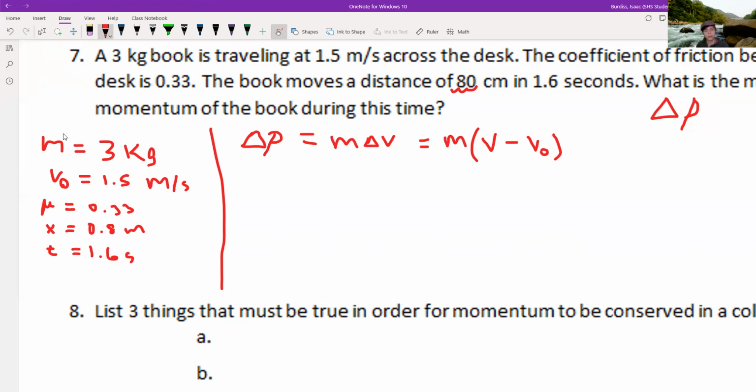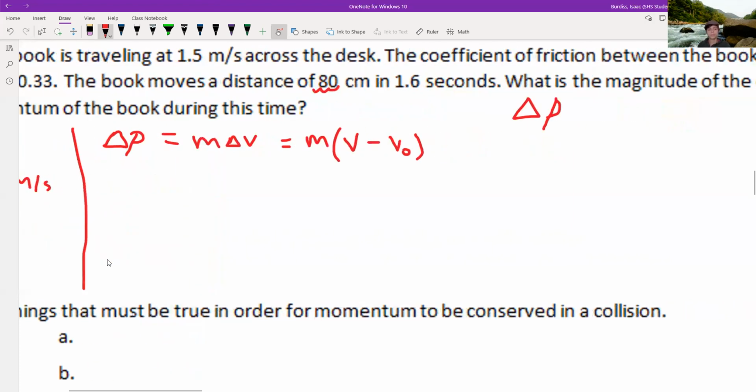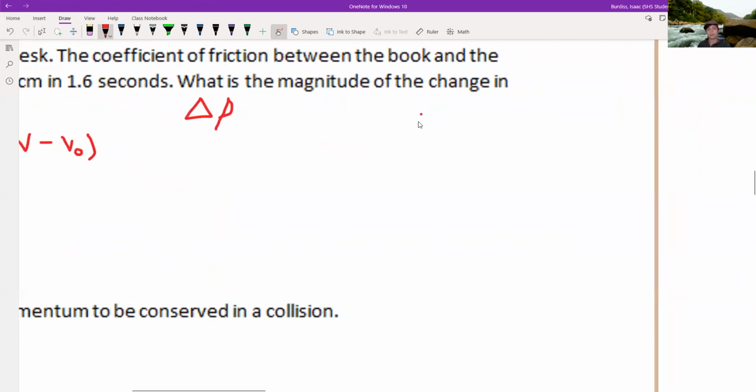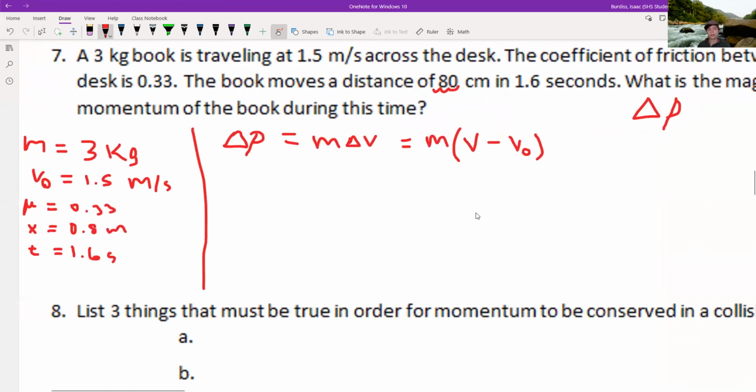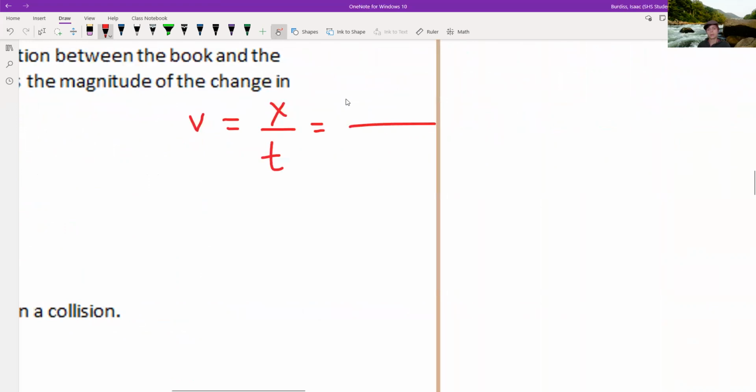Well, we need to use kinematics to find it. So velocity we know equals x divided by t. And what was that? 0.8 divided by 1.6. And what is that?